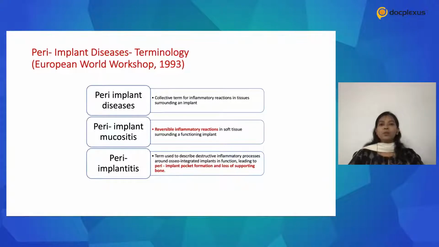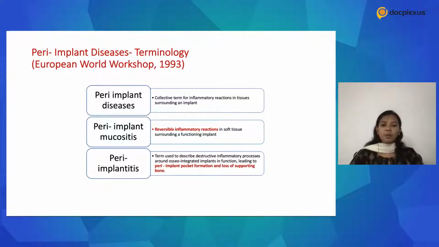This is a little older classification, but it is the most famous. The 1993 classification states that the terminologies most commonly used are peri-implant diseases, peri-implant mucositis, and peri-implantitis. The terms mucositis and implantitis should click two important things in our minds: whether the disease can be reversed or cannot be reversed.